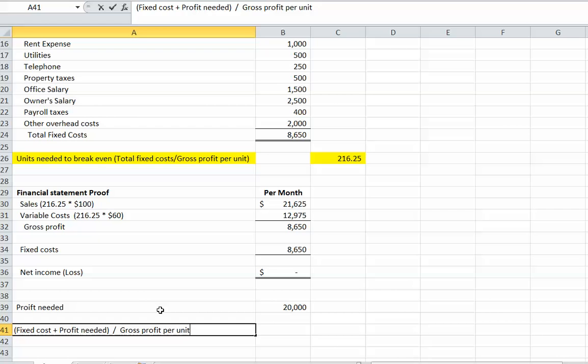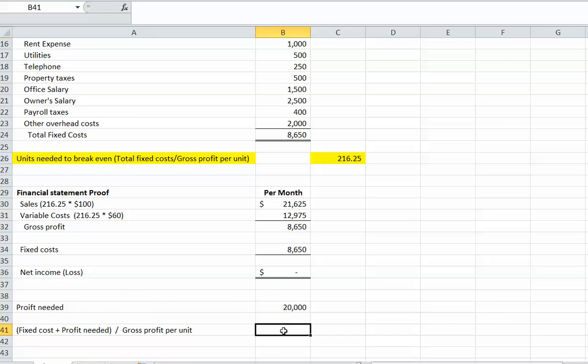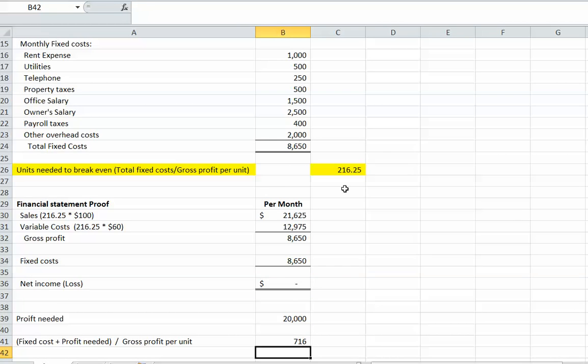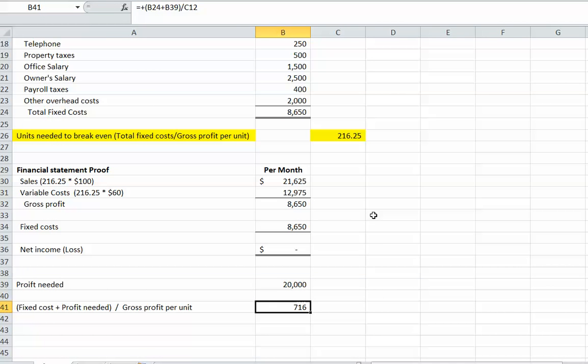So in English, the formula would look like this. My fixed costs plus the profit I want, divided by the gross profit per unit. So I need to sell 716 units.